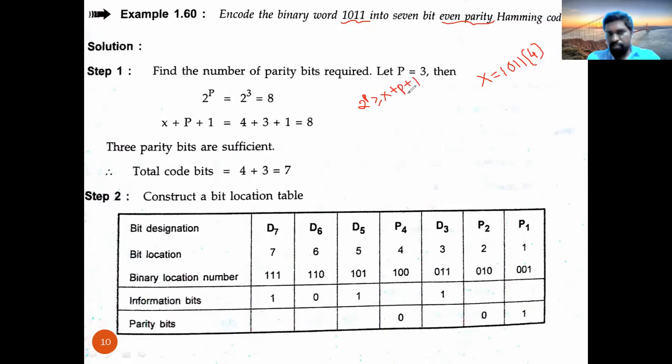Substitute the value of x equal to 4, you will get 2 power p greater than or equal to 5 plus p. Just now we have seen 5 plus p. For this equation, it will be true only for p equal to 3. Only for the value of 3 will this expression be satisfied. That's why the parity value is fixed at 3.